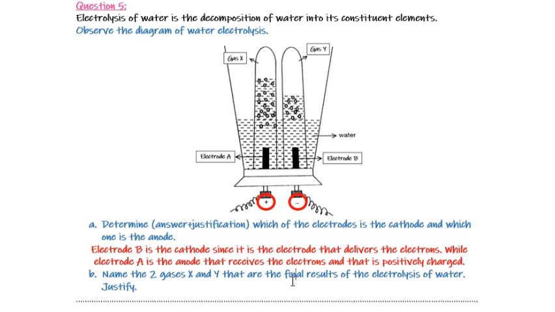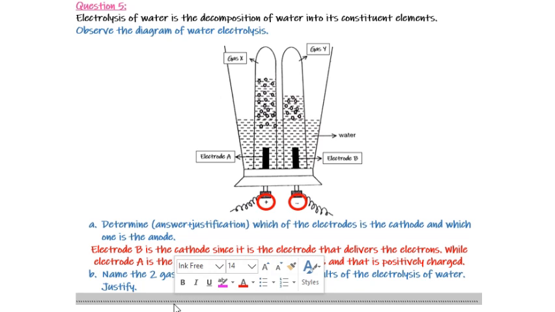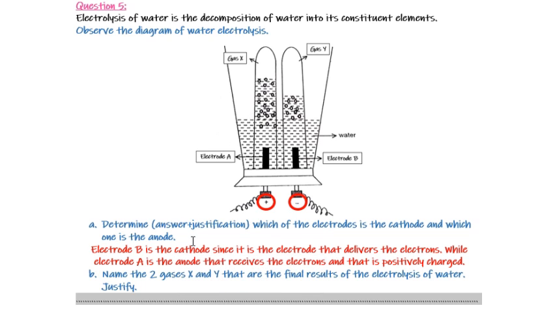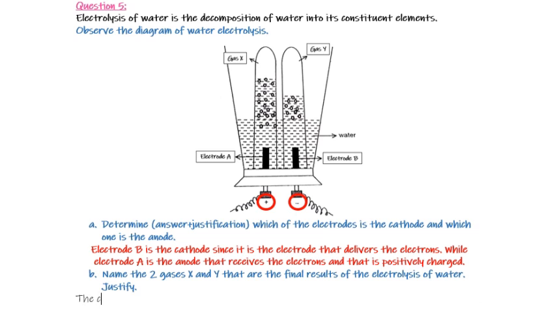Okay, so since the volume of gas Y is double the volume of gas X, this means that gas Y is the hydrogen, excellent, and gas X is the oxygen. Okay, I will use the volume way.